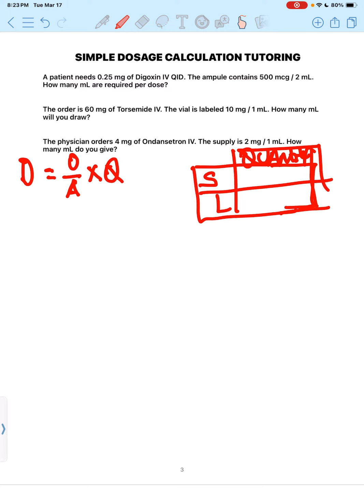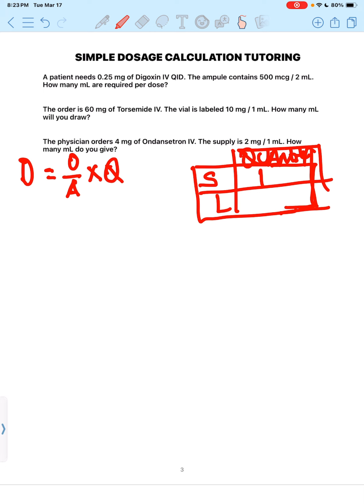So the quantity for a solid medication is always going to be 1. This quantity right here, the Q stands for quantity. How will you know this is a solid medication? Anytime they ask you how many tablets, how many capsules, how many caplets would you give.